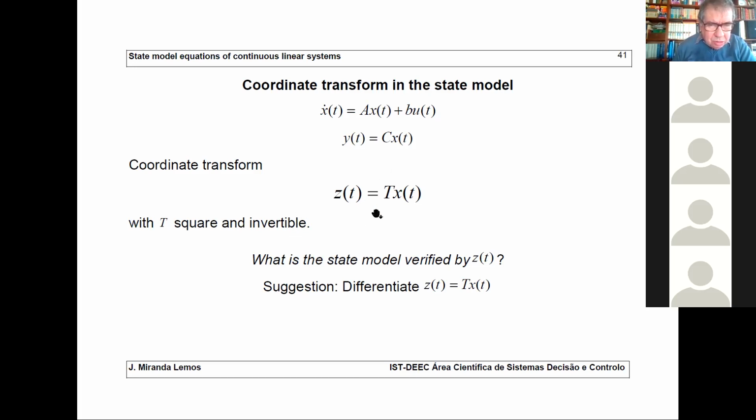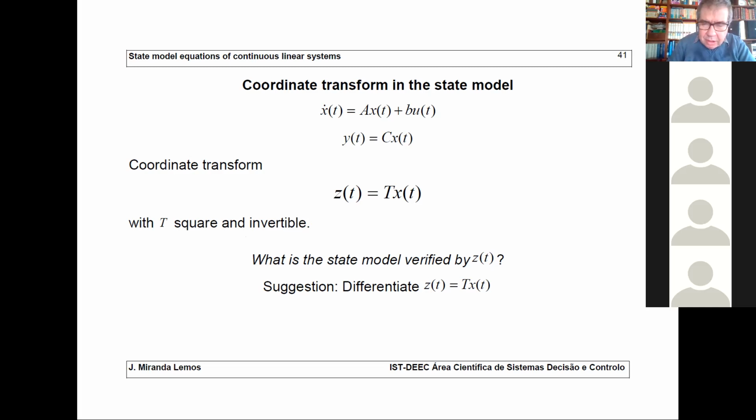In geometrical terms, what does it mean that it is square and invertible? For instance, square. What does it mean in terms of z and x? It preserves the dimension. So if I have 3 coordinates in x, I still have 3 coordinates in z. The number of coordinates is the same.